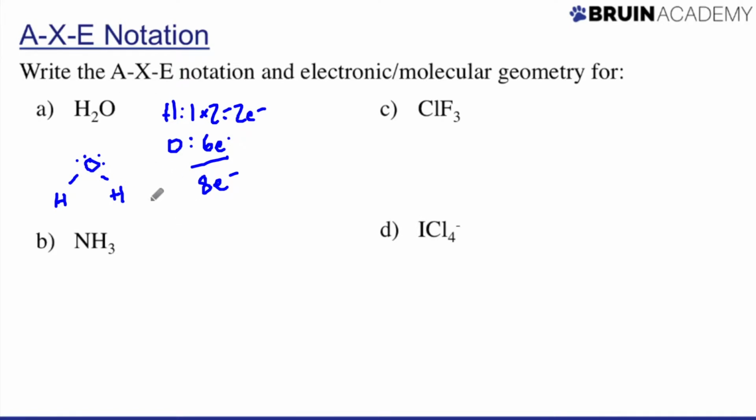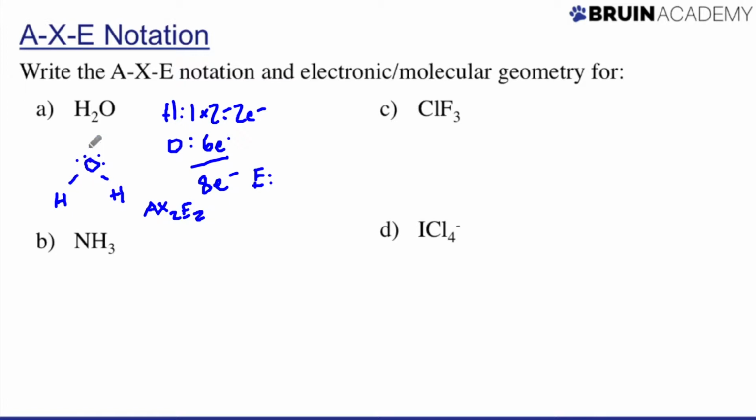This guy is going to be AX2E2, because there's 2 bonded elements and 2 lone pairs. The electronic geometry, just remember that that depends only on how many regions of electron density are around the central element. And a region of electron density is either an atom or a lone pair.